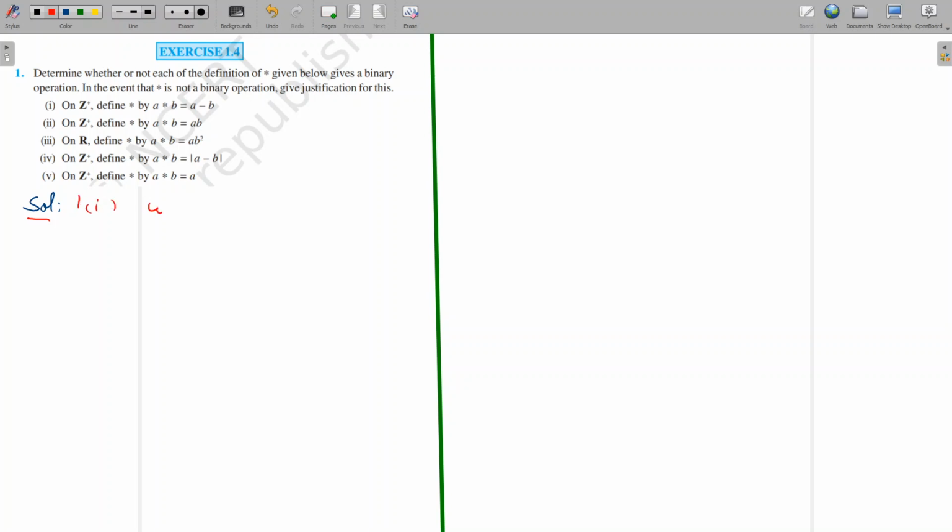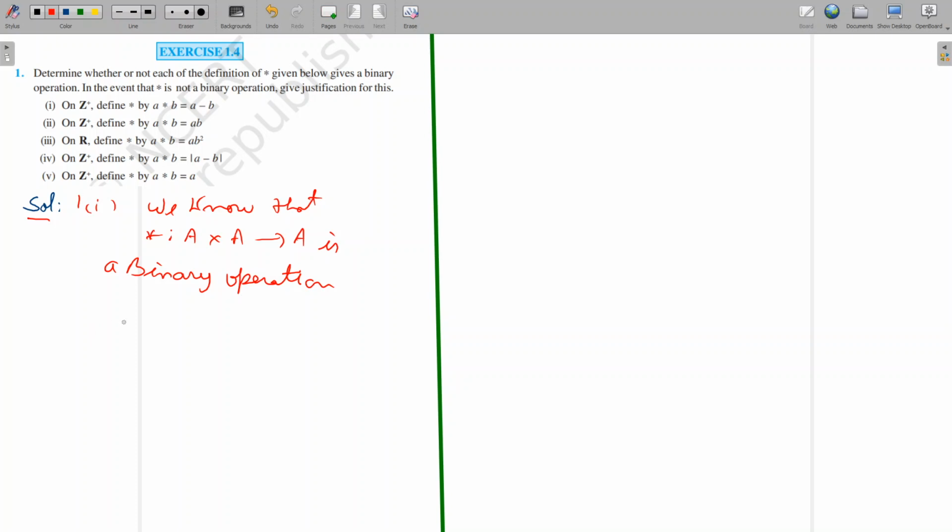First part, we know that star is a function from A cross A to A is a binary operation. That means if we take two or more than two elements from the set A and operate on them, the result should be a member of set A. Let us check whether this definition holds here or not.